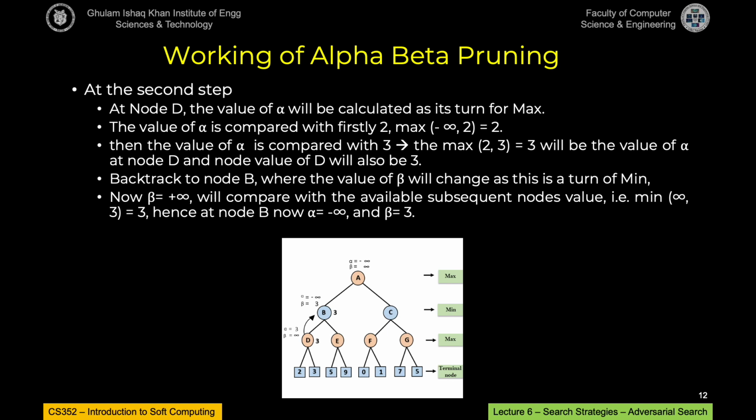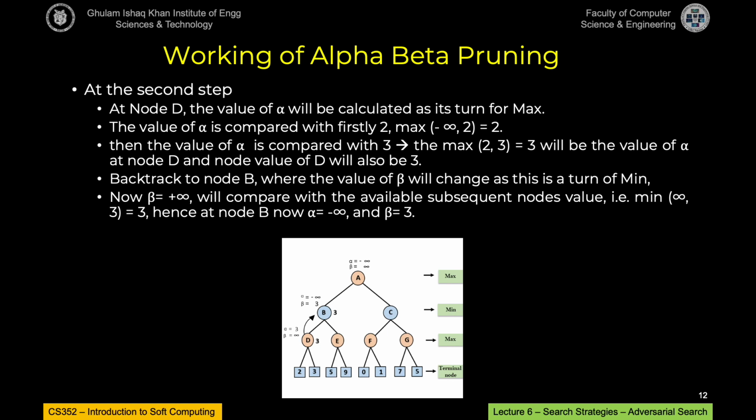Okay. Then the algorithm backtracks to node B, where it's going to update. At node B, it's the turn of min, and min will compare the value 3 with positive infinity and choose the one which is smaller. Of course, 3 is smaller, so min is going to choose the value of beta also as 3, right?